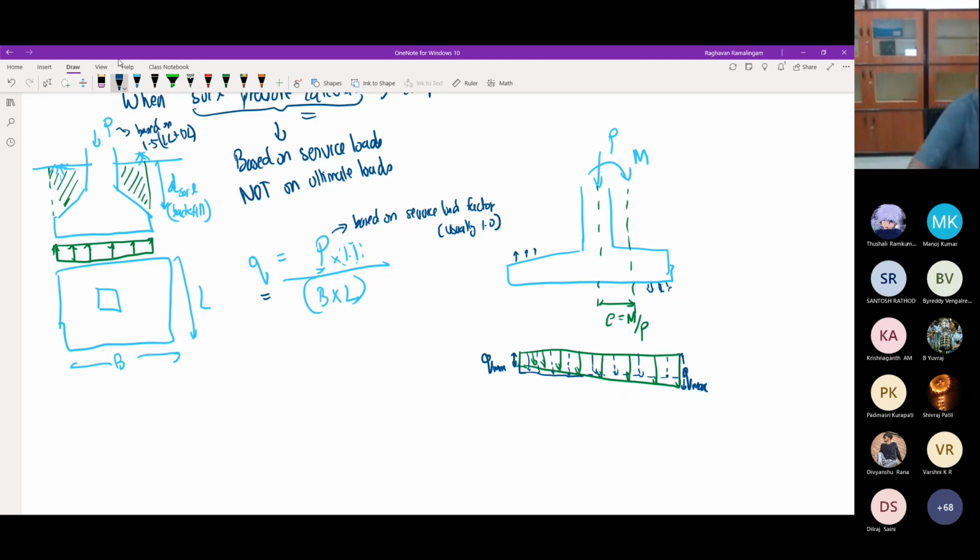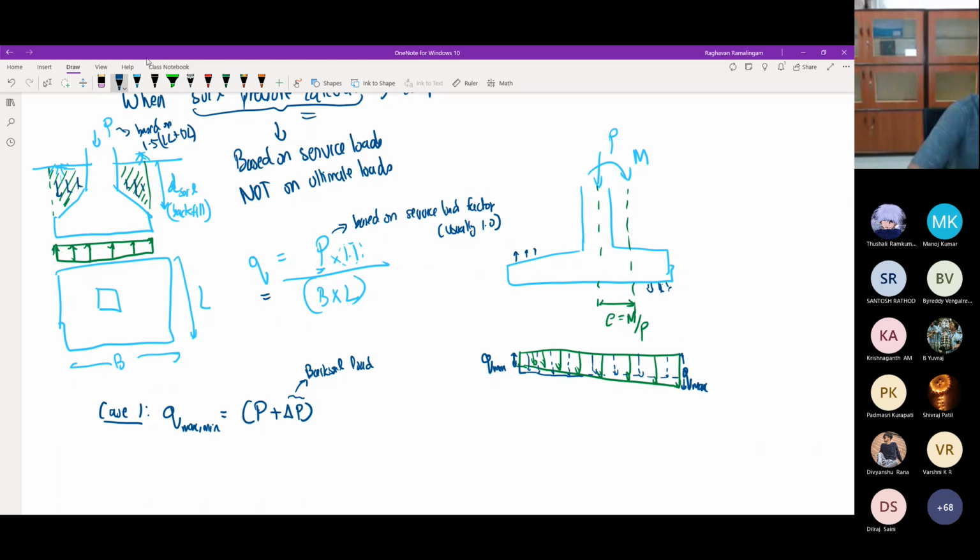There are three conditions used here. I am not going into how they are arrived at, I'm just telling you the final condition. Case one: you can calculate your maximum and minimum pressures based on this formula. P plus delta P, where delta P is nothing but the back soil load, whatever load is coming because of the back soil.